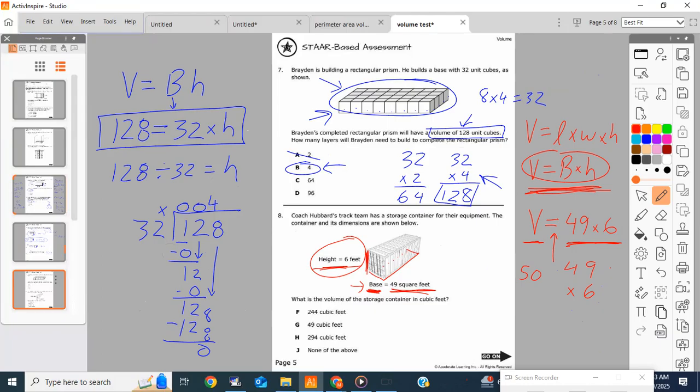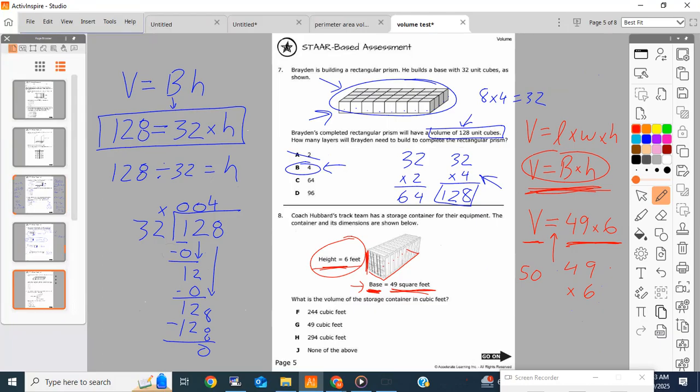So let's skip count. 50, 100, that's 2. 150, that's 3. 200, that's 4. 250, that's 5. 300, that's 6. So we're at 300. The answer should be someplace close to 300, and 300 is a little too big because we overestimated the 49 at 50.